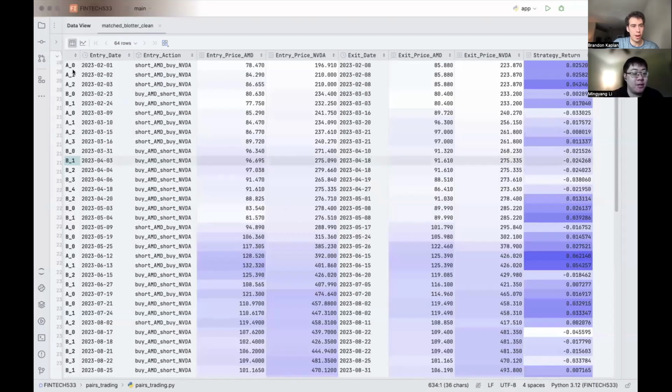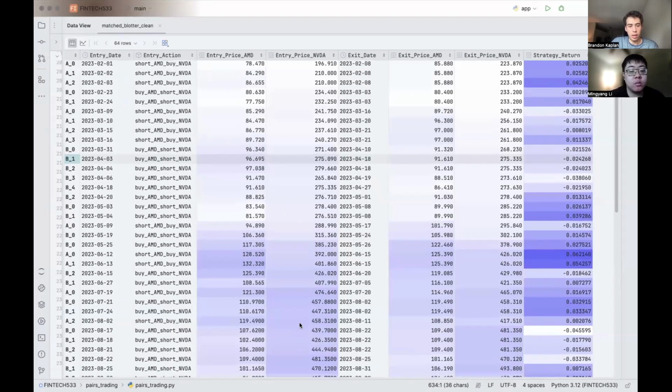Yeah, perfect. All right. Now, similarly, you can see the index works the same as in the price difference, where this time we have A for short AMD buy NVIDIA, and B for buy AMD short NVIDIA. But likewise, we have entry date, entry action, the entry price for both AMD and NVIDIA.